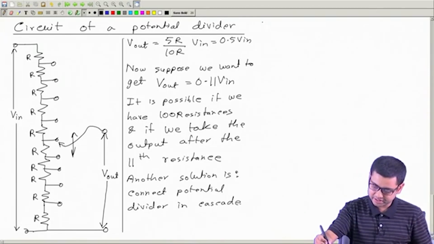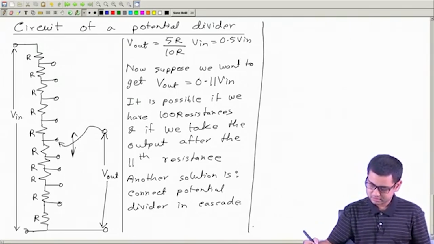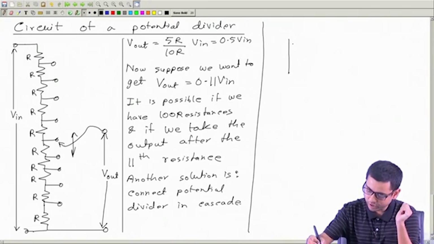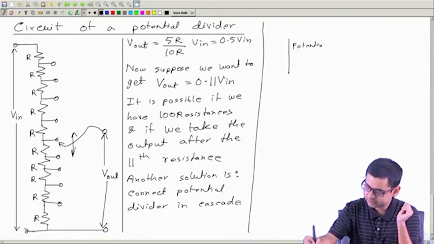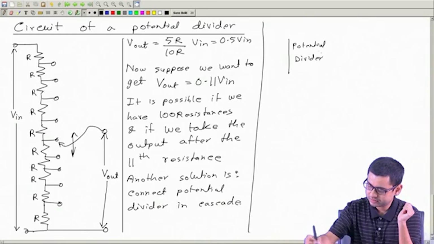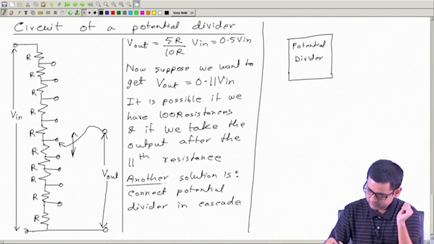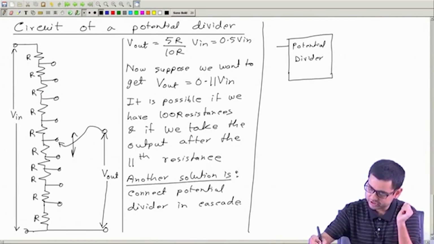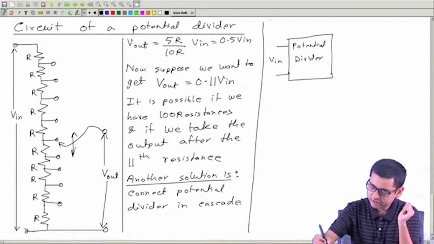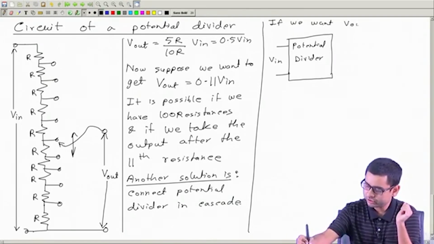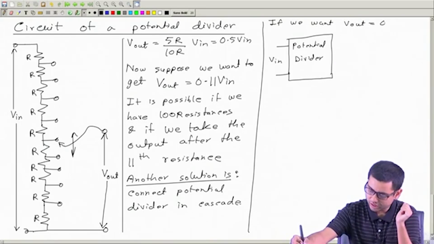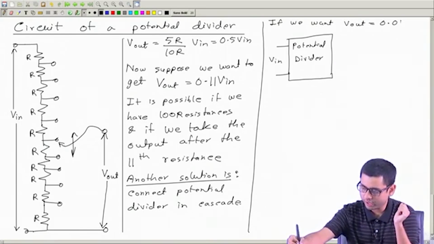Like this: let this be one potential divider, and say this is the input V in, and say we want V out to be equal to 0.01 of V in.